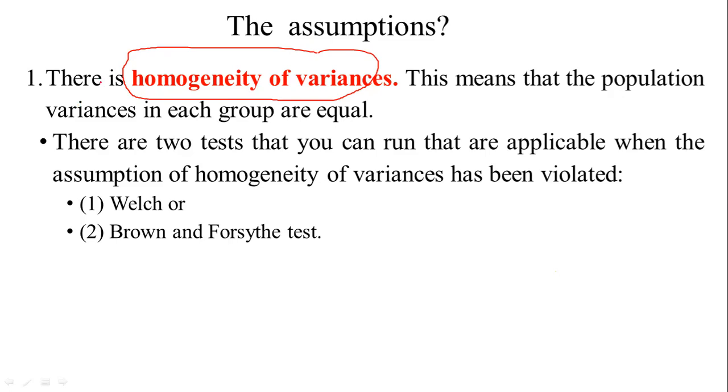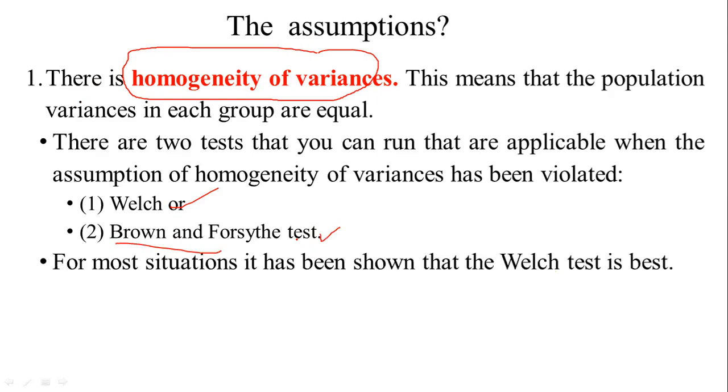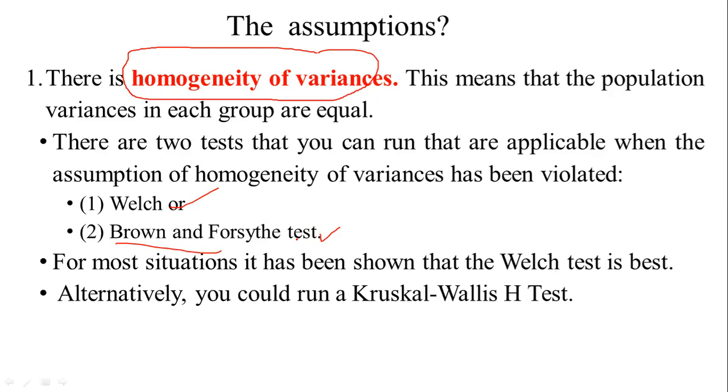You can use Welch, or you can also use Brown-Forsythe tests. These tests are in SPSS, so if you run them, you'll not have any problem. For most situations, it has been shown that Welch's test is the best. Alternatively, you could run Kruskal-Wallis H-test if this assumption is violated.